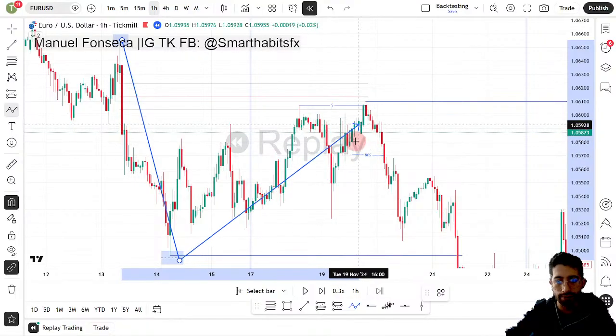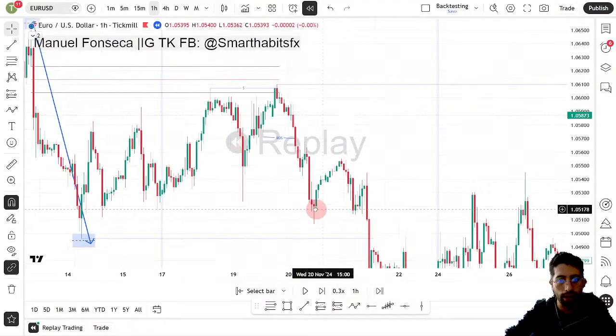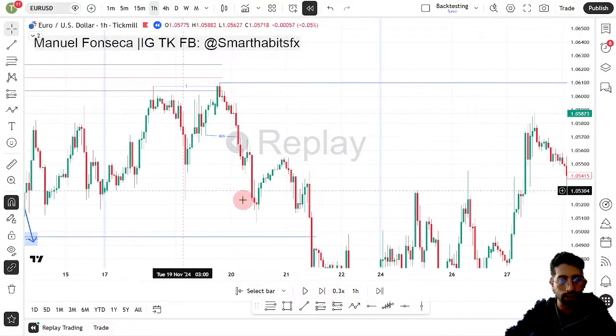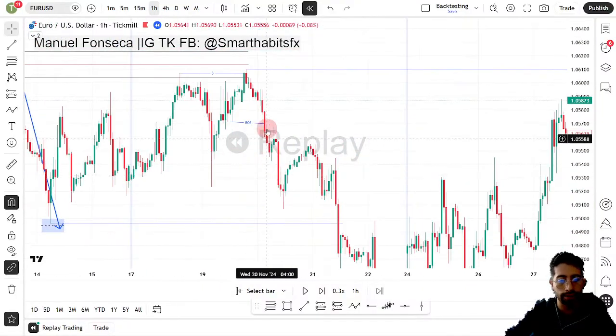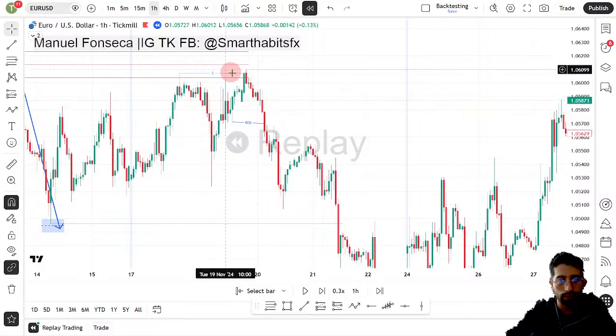As it makes the break of structure right here, we expect the price to continue with the downtrend, and this is why we selected this as the current strong high, which is the high that will be highly respected by the price.